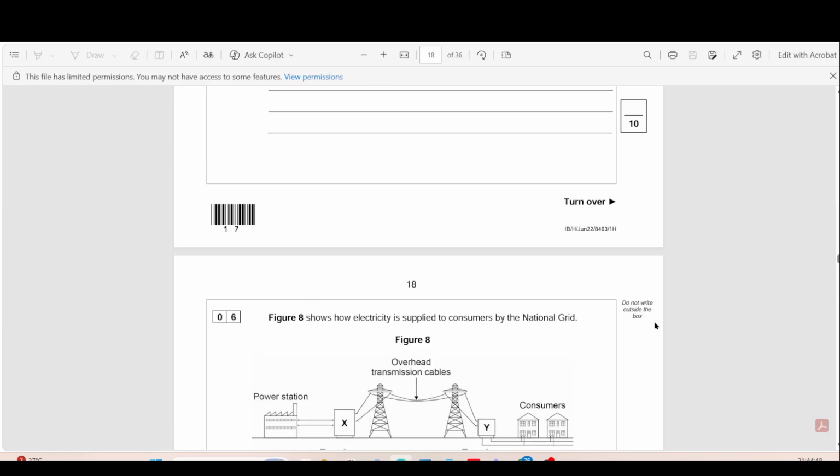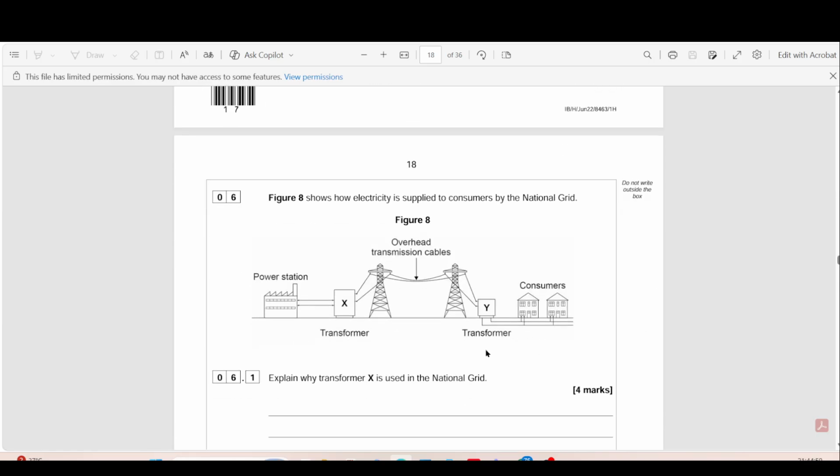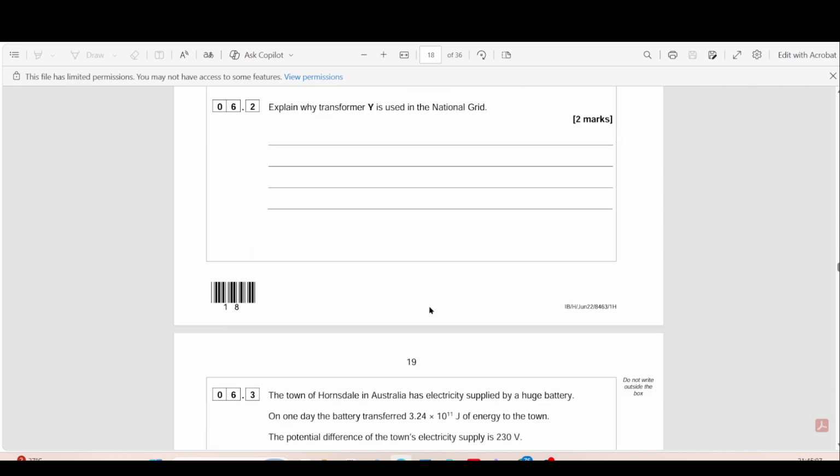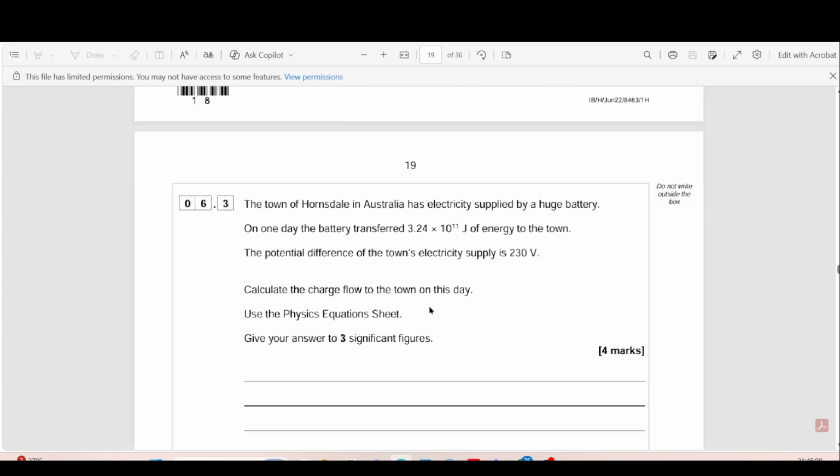Consumers have to use it here, so here it will decrease the potential difference. And at X, it has to transfer, and for transfer, energy loss should be minimized. That's why we use the step up transformer. Got it? Yeah. Good.